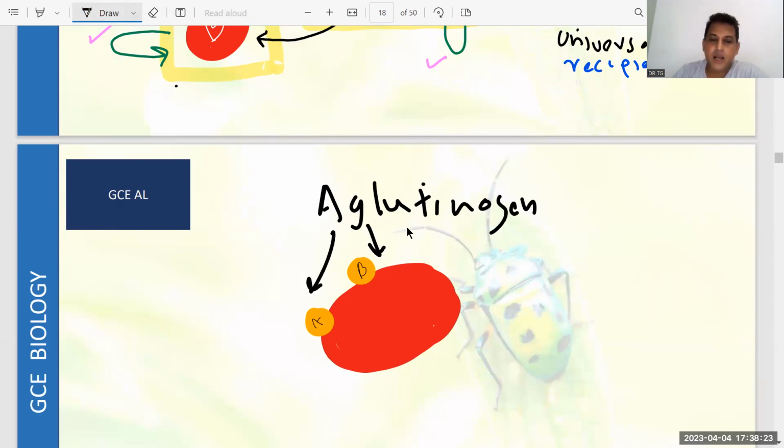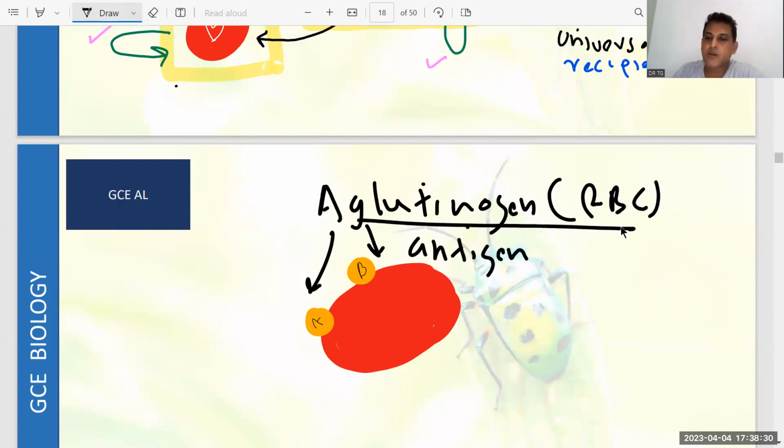So A and B are antigens, and when they are on the red blood cells, they get a name called agglutinogen. So blood cell antigens are called agglutinogen. They are on the red blood cells, they are glycoproteins.